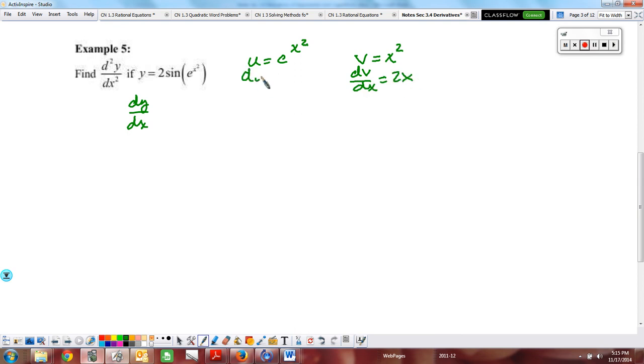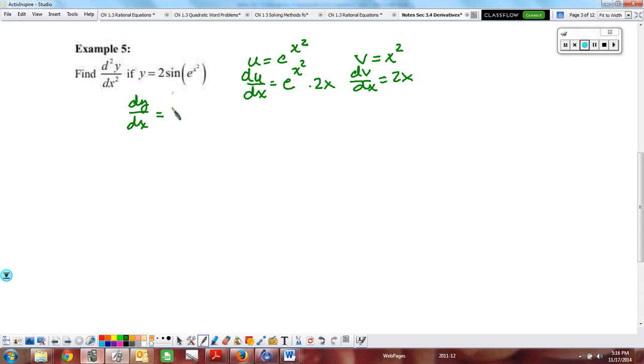So then I come here, du dx, okay, would be e to the v. So the derivative of e to the v is e to the v times the derivative of v, which is 2x. And then coming back over to here, this is 2 sine of u.